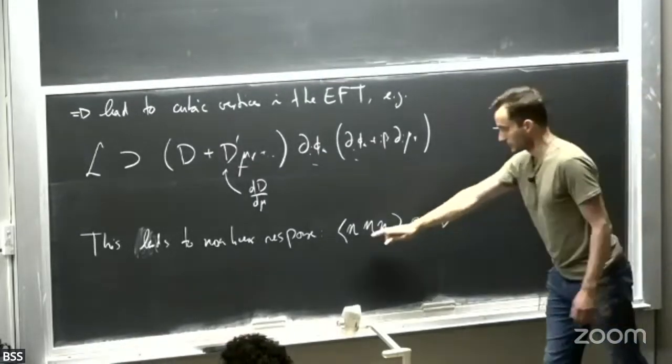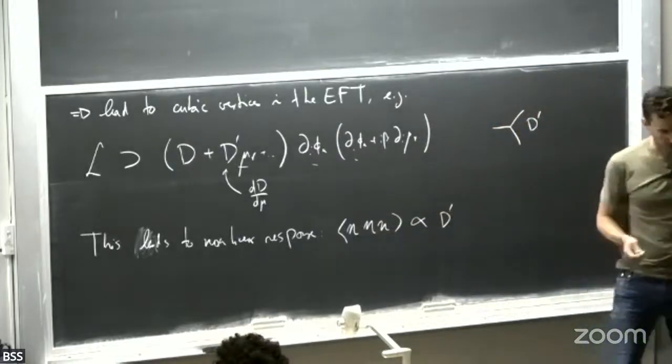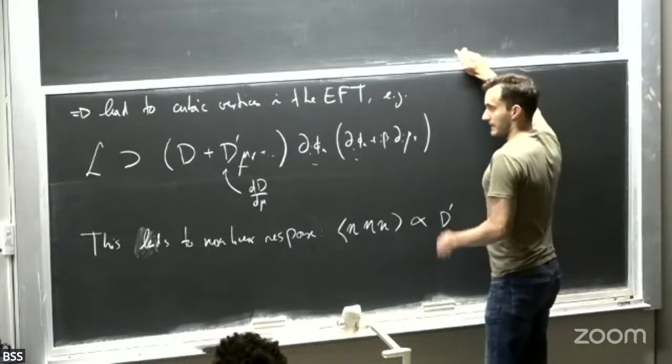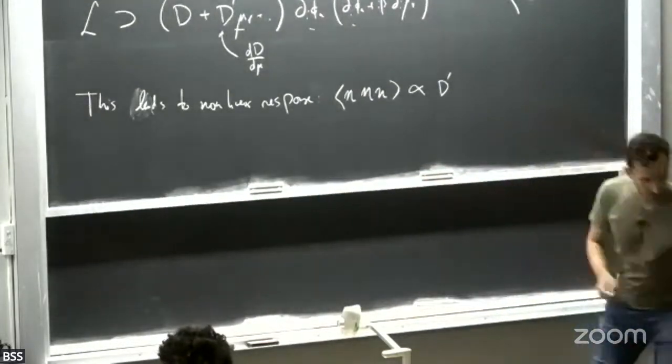And again, nonlinear response can either be viewed as nonlinear correlation functions in equilibrium or nonlinear response to external probes. That's one thing it does. It will also lead to, it can feed back into linear response and lead to fluctuation corrections to linear response.